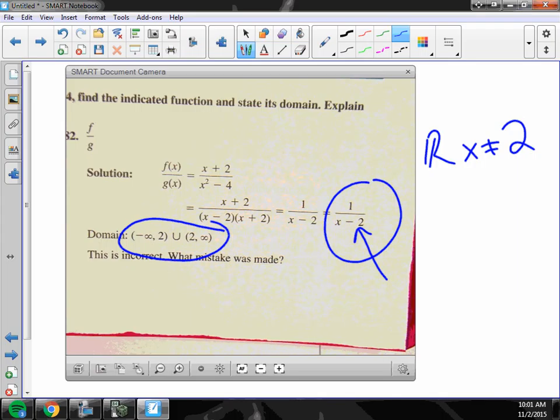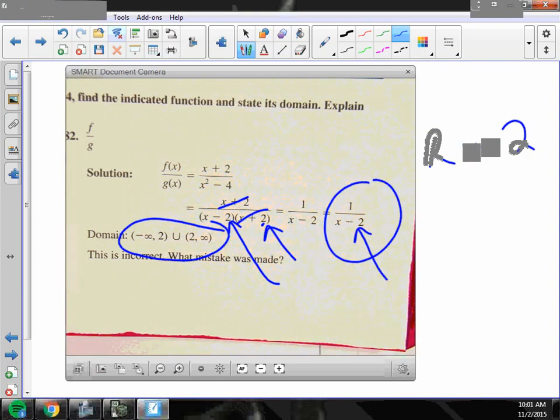Negative 2 is also not part of the domain. If I plug negative 2 in there, so that canceled, but negative 2 is not part of the function f over g, because then the denominator would be 0.